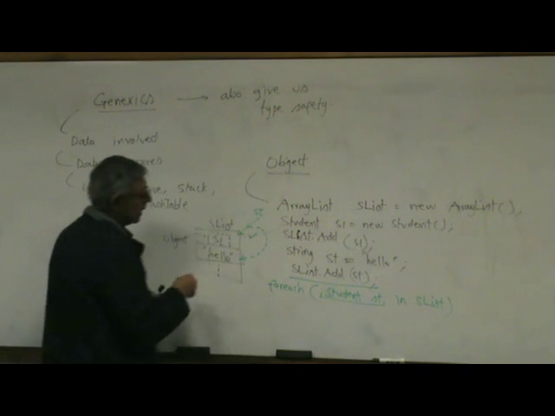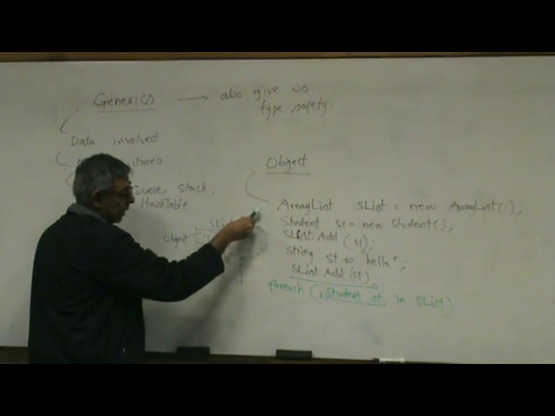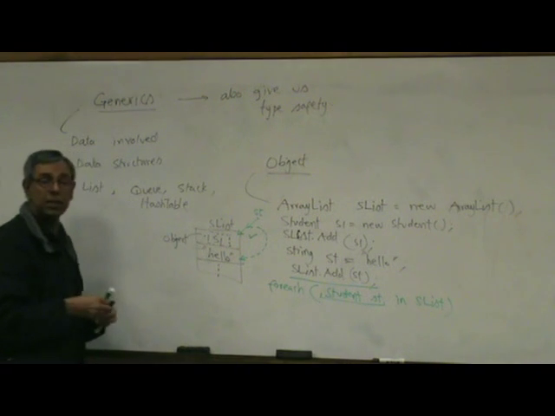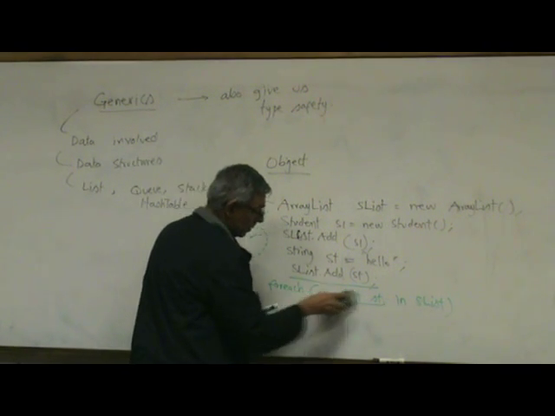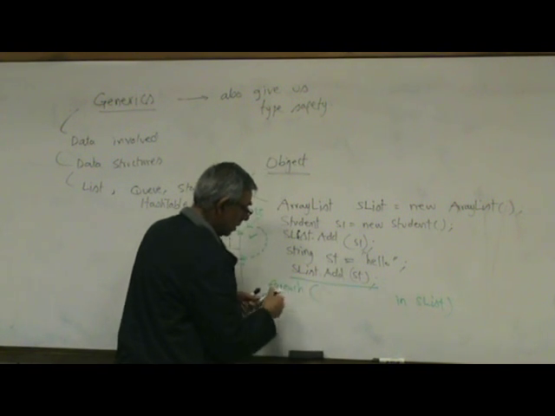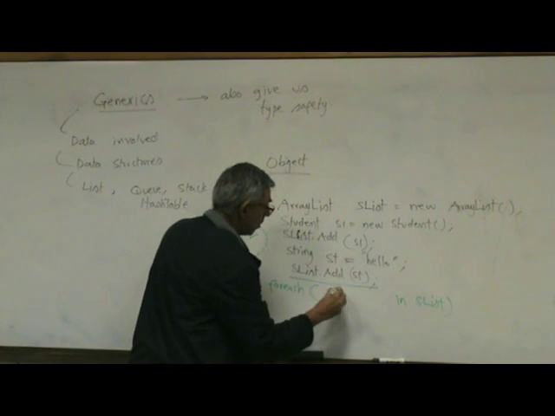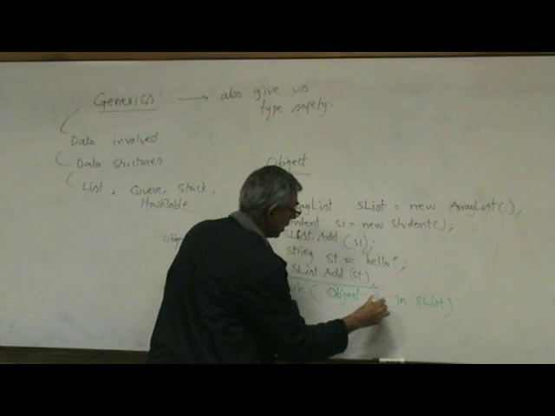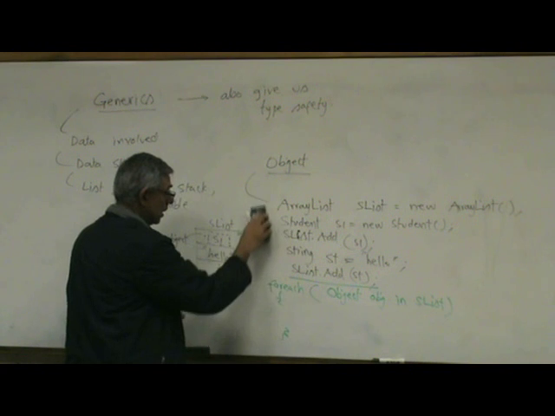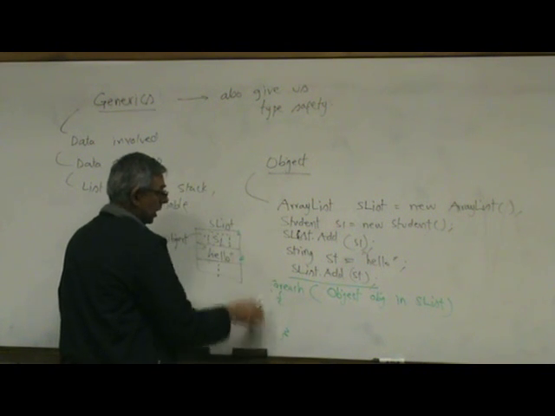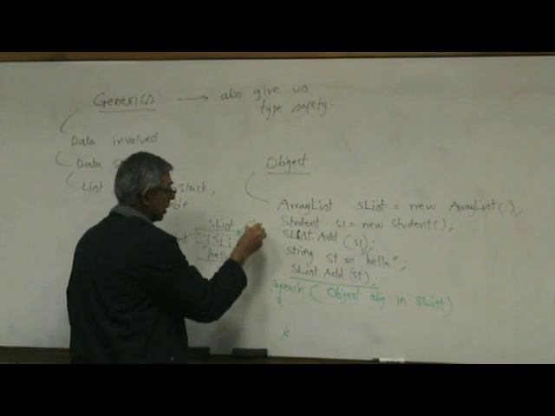So what's the type of reference that can point to a student as well as string? Object. So we will change this to object obj in slist, right? So now can obj point over here? Yes.